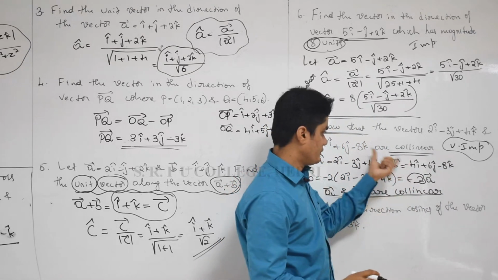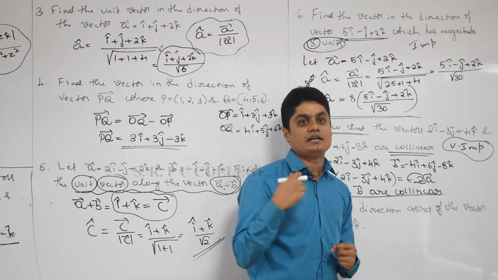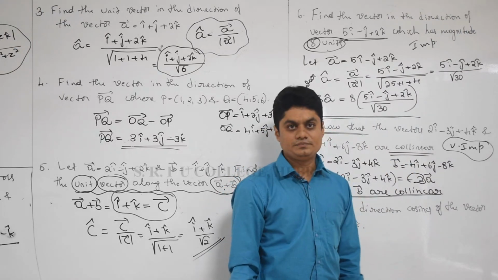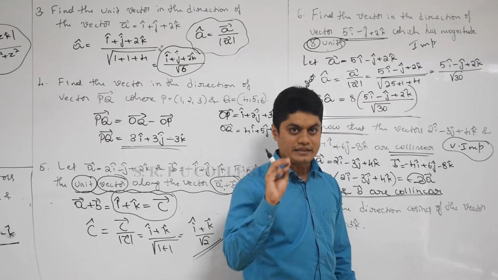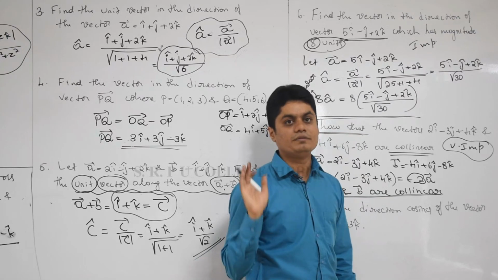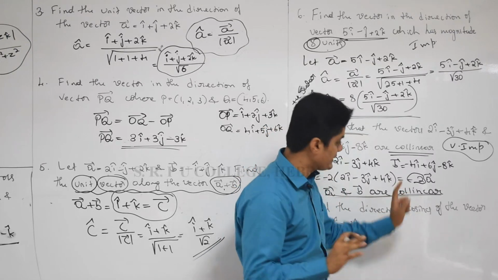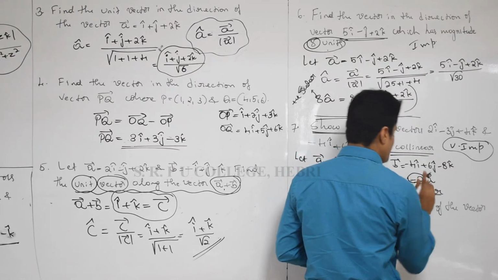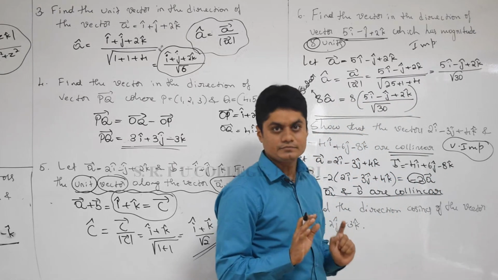So when two vectors are given and it is asked to prove that they are collinear, you can prove it very easily like this. That is the concept. Take the bigger one, take the common factor outside, and try to prove that one vector is a multiple of the other. Positive multiple or negative multiple, don't worry about that. Here a negative multiple has come, but it should be a multiple. Then positive or negative is not important, correct?